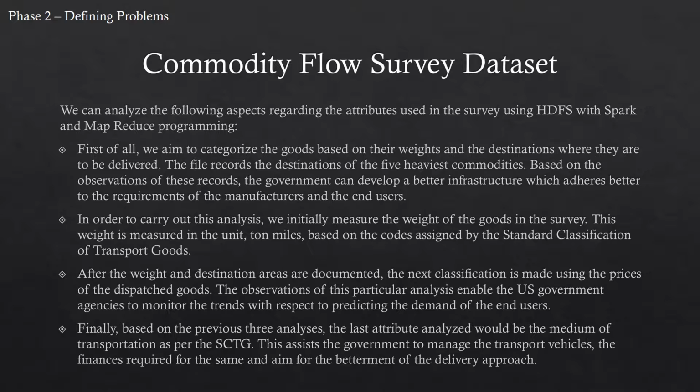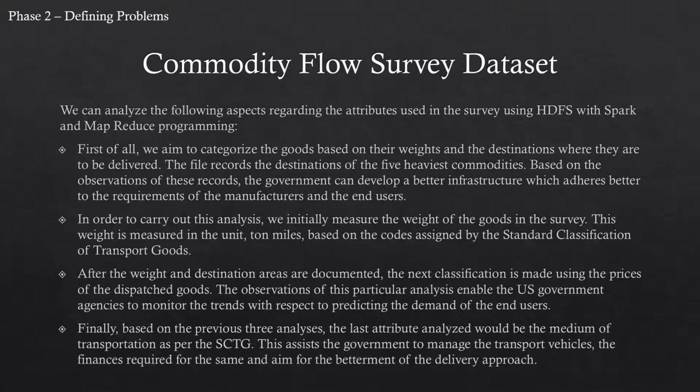In order to carry out this analysis, we initially measure the weight of the goods in the survey. This weight is measured in the unit ton-miles based on the codes assigned by the Standard Classification of Transported Goods. Now the third step is, after the weight and destination areas are documented, the next classification is made using the prices of the dispatched goods.